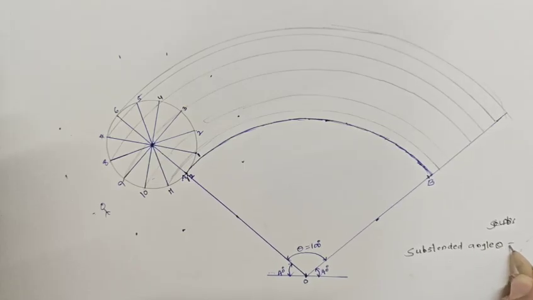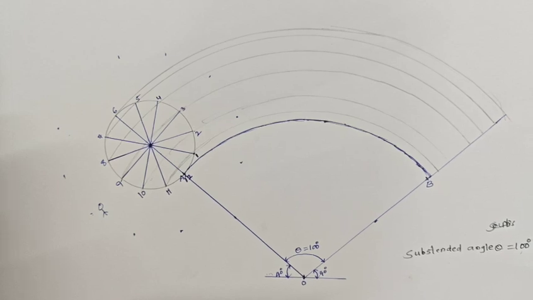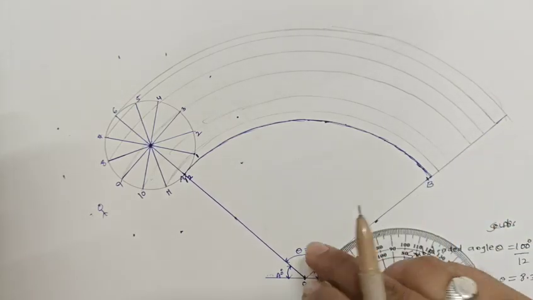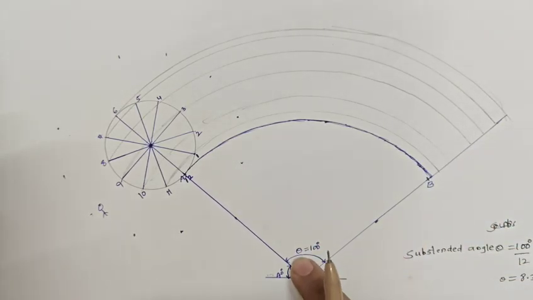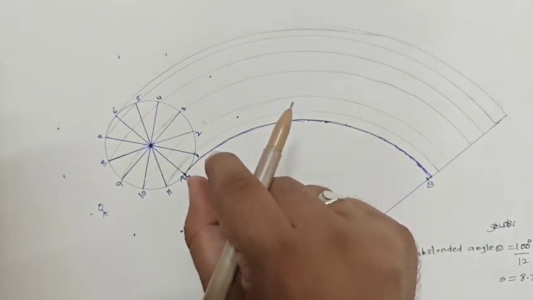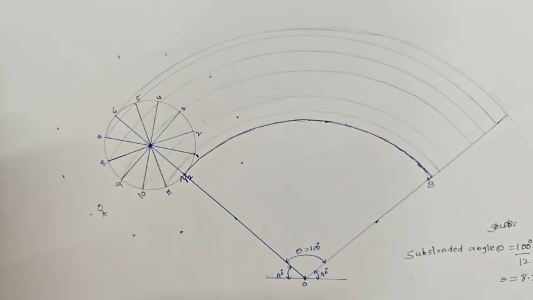How much is there? 100 degree. Okay, divide into how many equal parts? Divide into 12 equal parts. Then how much will you get? You will get 8.33 degree. So this means the angle of each part should be how much? 8.33 degree each. Is it right?